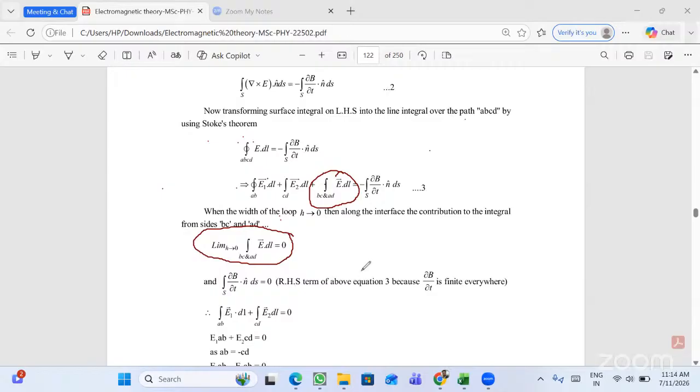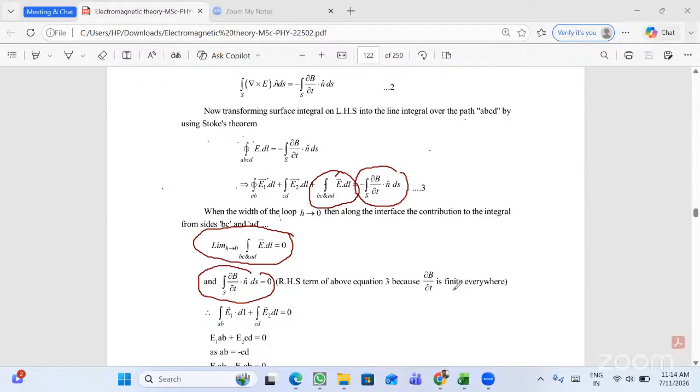So next, similarly on the RHS, the term which we have is the surface integral of ∂B by ∂t. This value is also going to be 0. Why is it going to be 0? B is the magnetic induction. The rate of change of B is equal to 0 because the B value is constant throughout the surface.